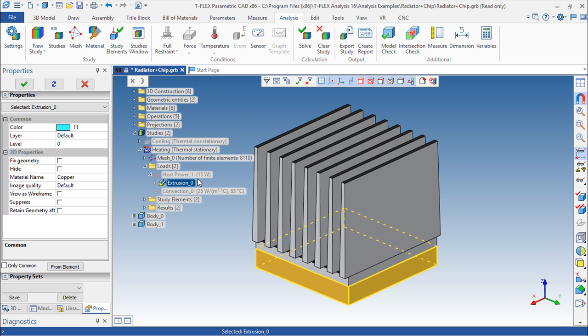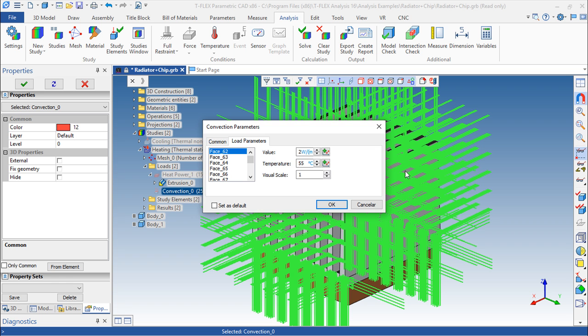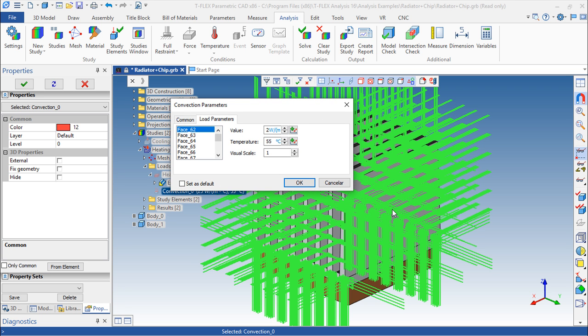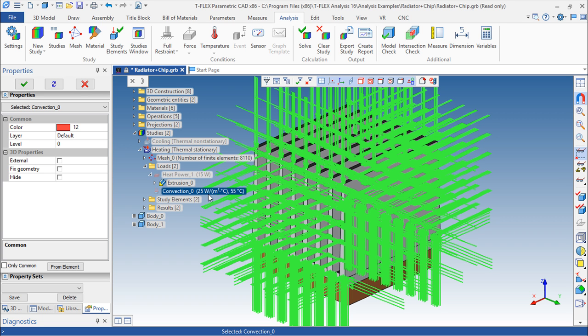So this is the maximum dissipating power. And the other one is applied to the radiator, where I've defined two things. First, 25 watts per square meter as a convection parameter, and an environment temperature, working temperature, of 25 degrees Celsius.